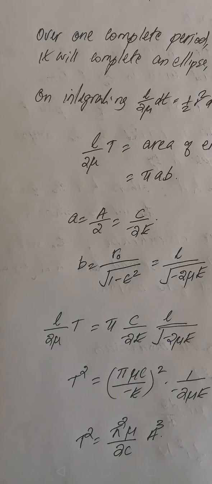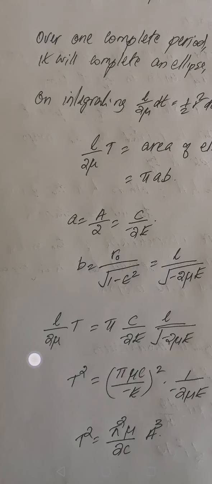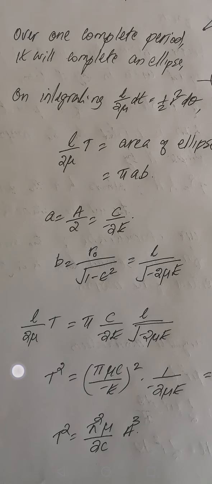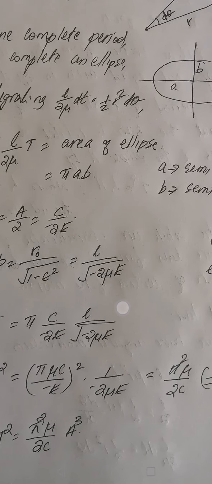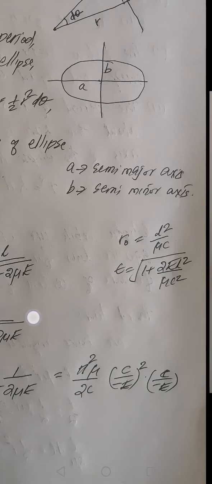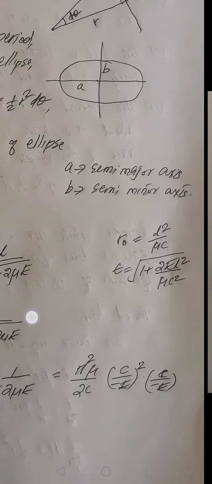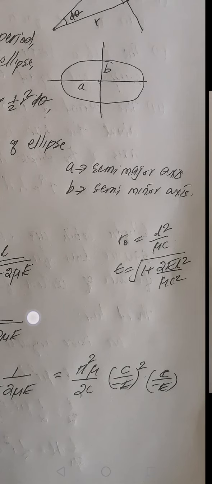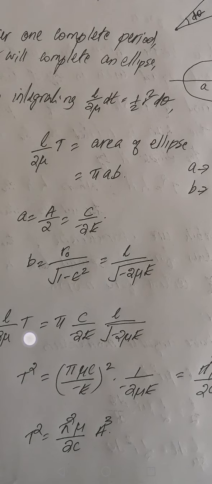On substituting, you will get L by 2 mu times T is equal to pi into c by minus 2E into L by square root of minus 2 mu E, and squaring, T squared is equal to pi squared mu c by (minus E) whole squared into 1 by minus 2 mu E. I write it like this: pi squared mu by 2c into (c by minus E) all squared into c by minus E, because c by minus E is A, therefore this is a squared into a, that is a cubed. So I write T squared is equal to pi squared mu by 2c into a cubed.